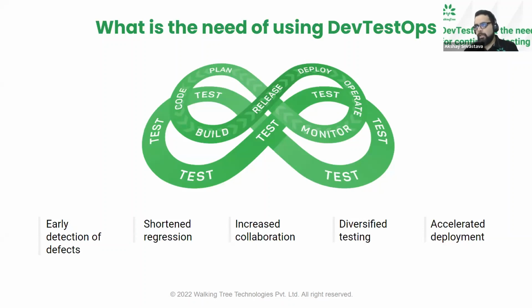So to conclude the need of using DevTestOps, now the integration of automated testing with automated build and deployment accelerates the process exponentially and avoids human errors and dependencies. Right. So this is where the need for DevTestOps comes into picture. Right.